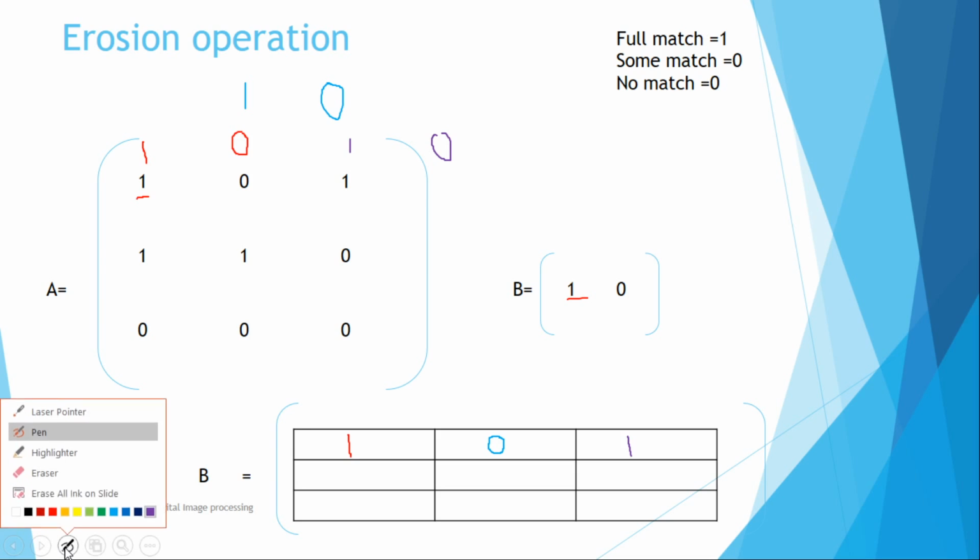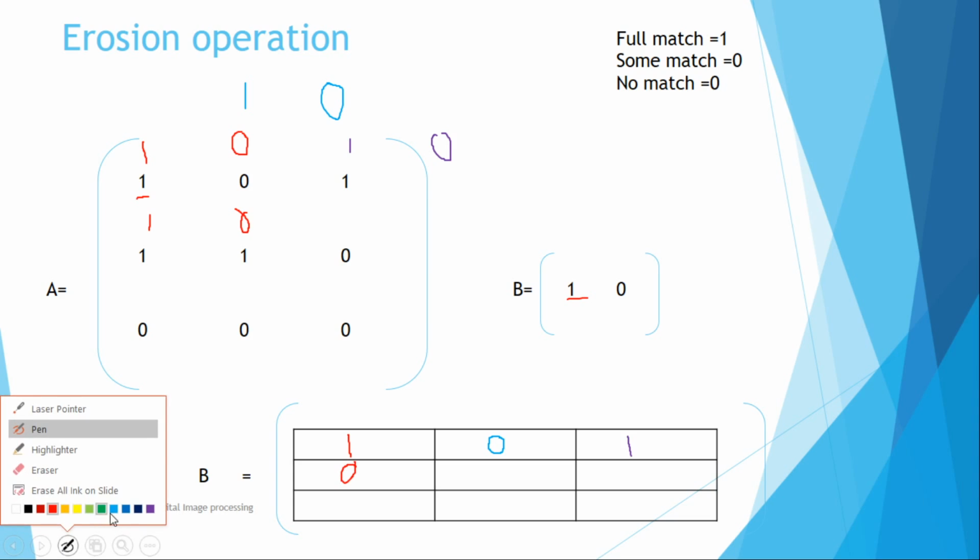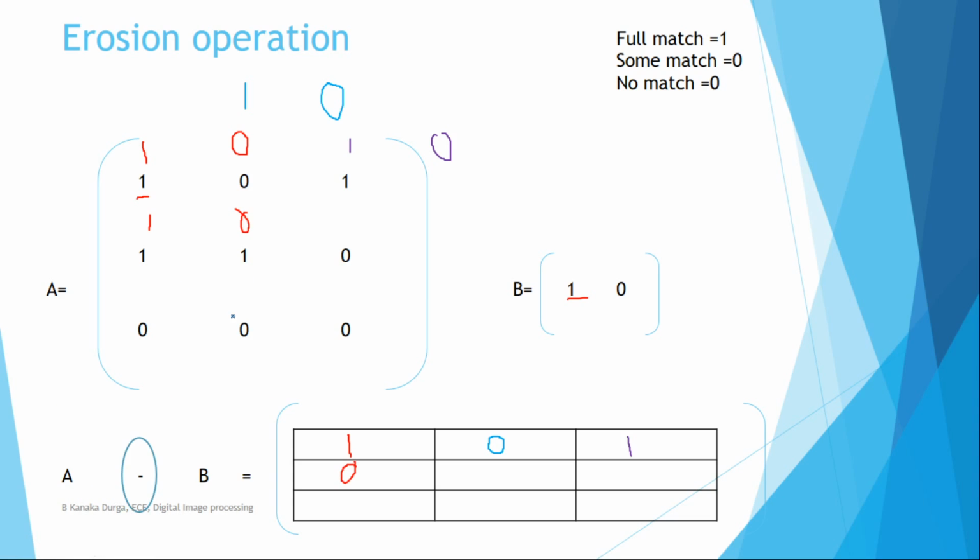The next case: 1 1 is matching, but 1 0 is not matching. If any one of the values does not match, the erosion operation value goes to 0. Next, 1 1 is matching, 0 0 is also matching, so the resultant value goes to 1.